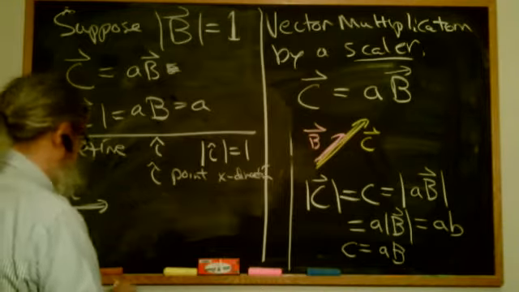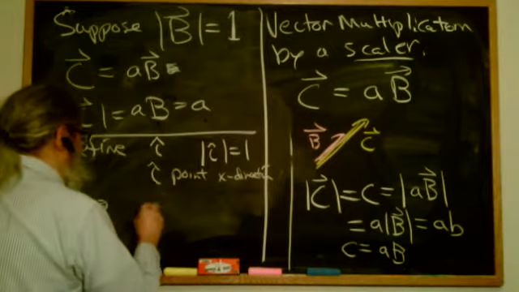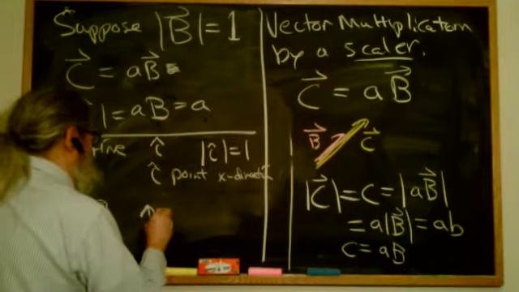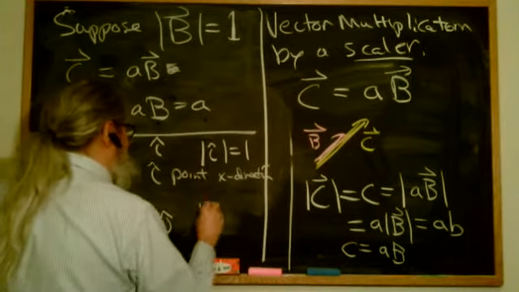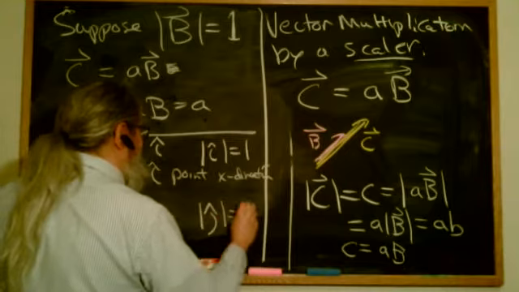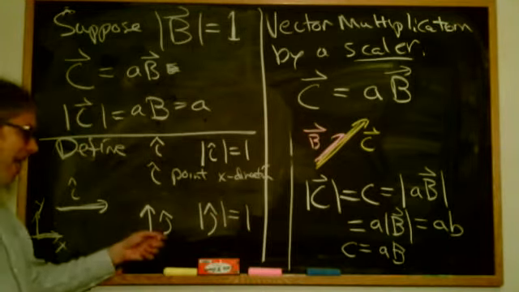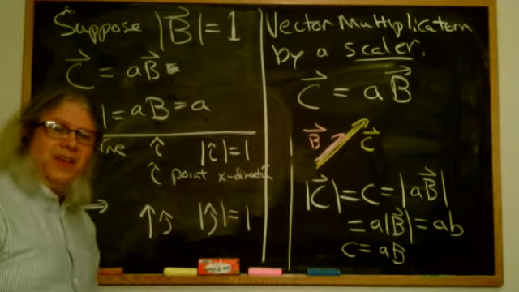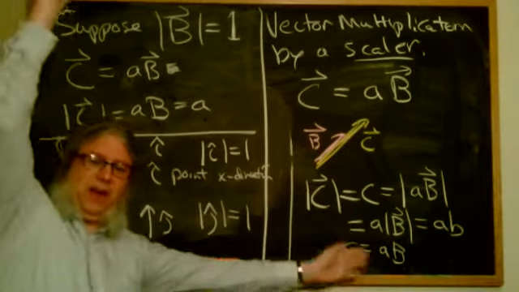And likewise, I could define another vector that points this way in the y direction. I'll call that j hat, and the magnitude of j hat is again equal to 1. These things, i hat and j hat, are called Cartesian unit vectors, because they're pointed in the x and y directions.